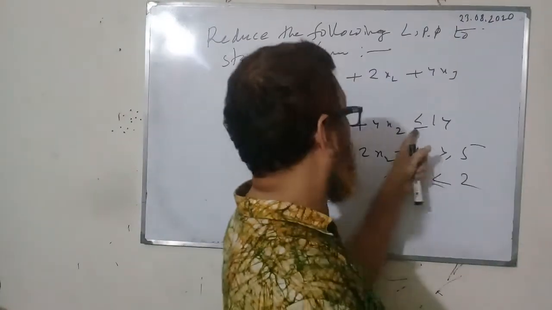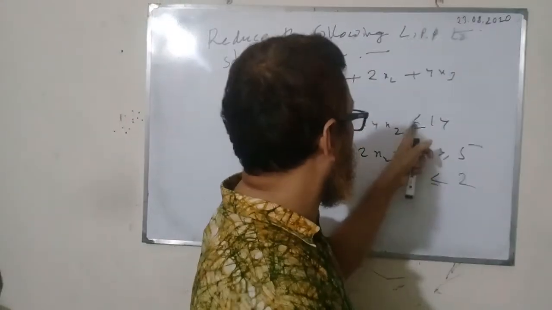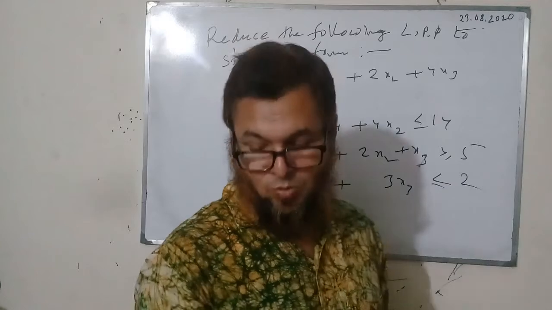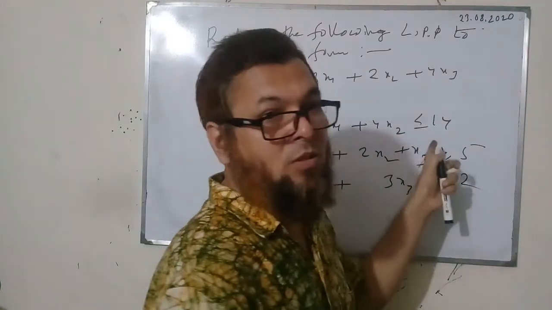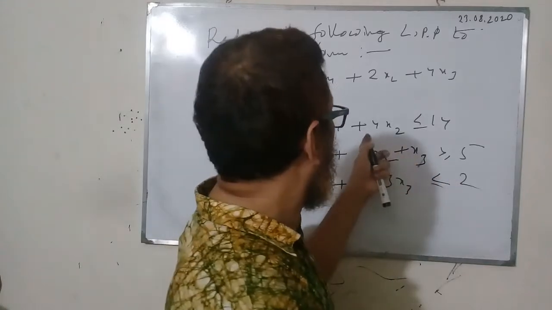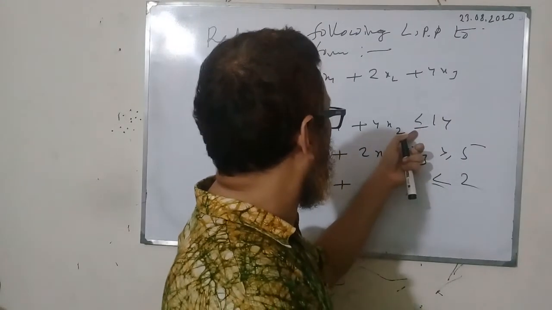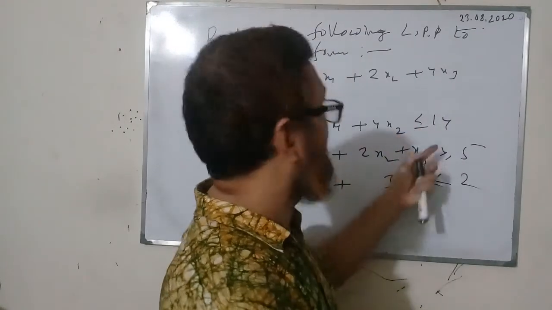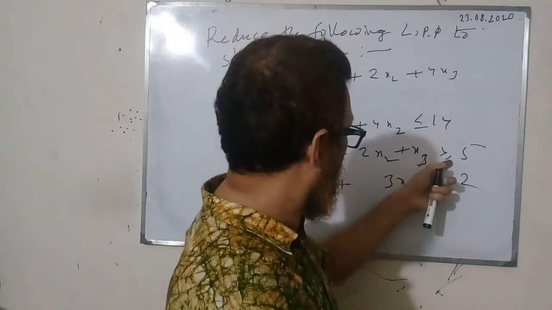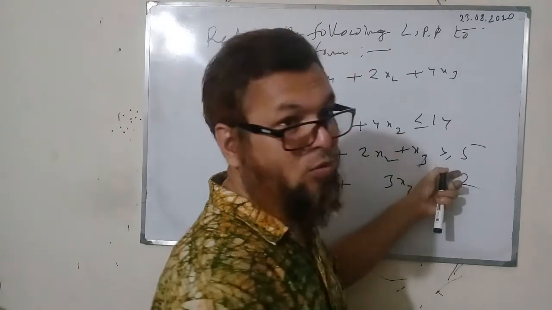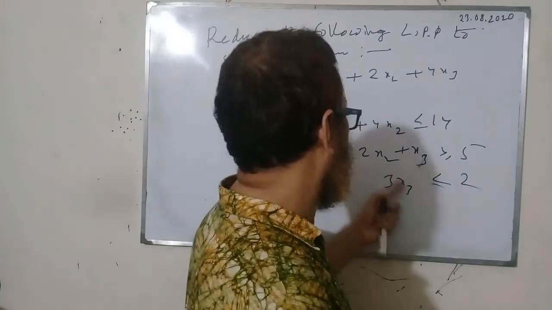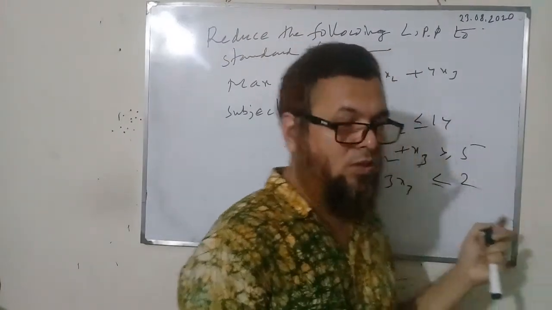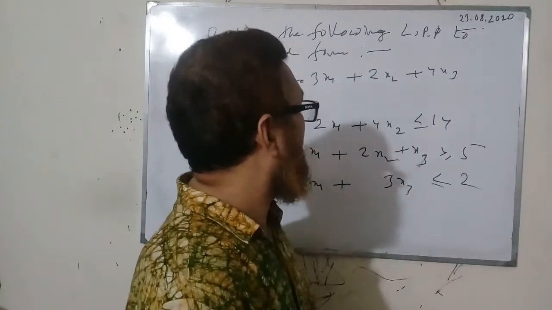When the constraint is less or equal to type, we add slack variables to reduce it to equation type. When the constraints are greater or equal to type, we subtract surplus variables to reduce them to equation type.